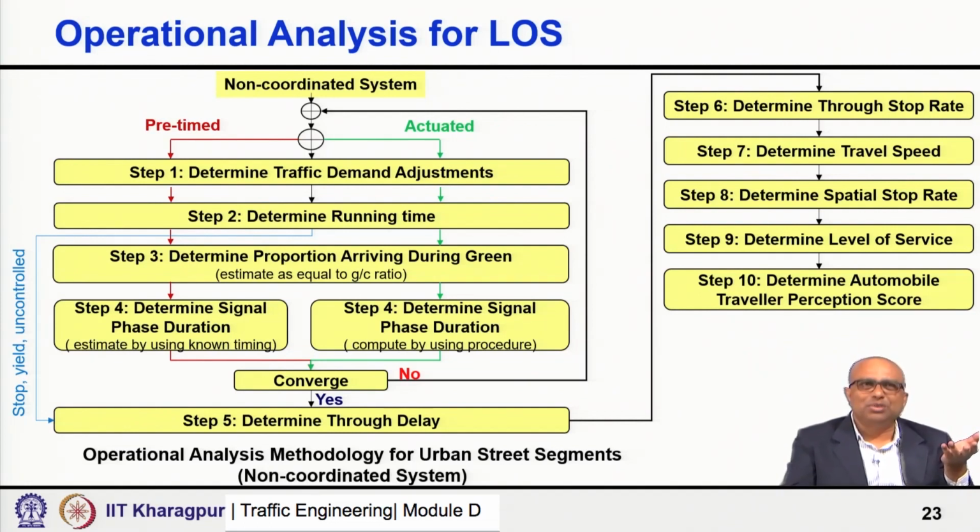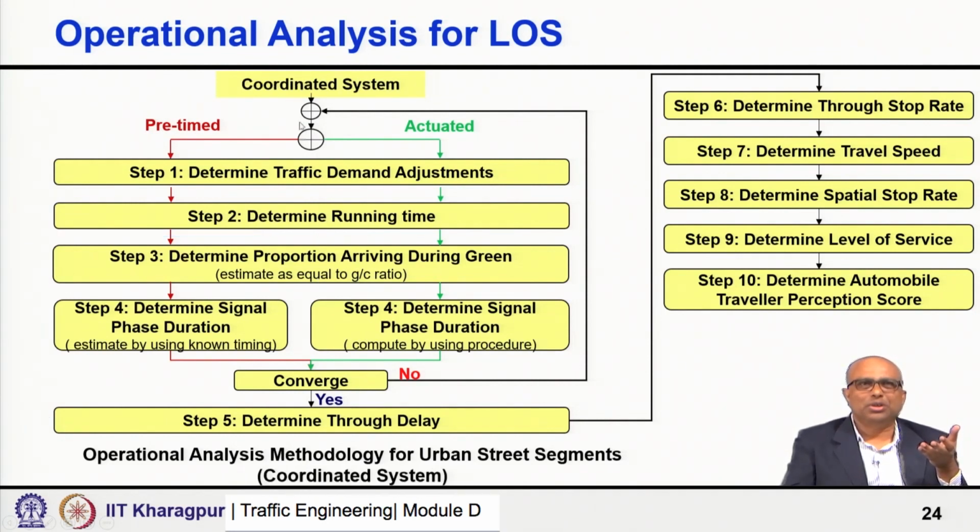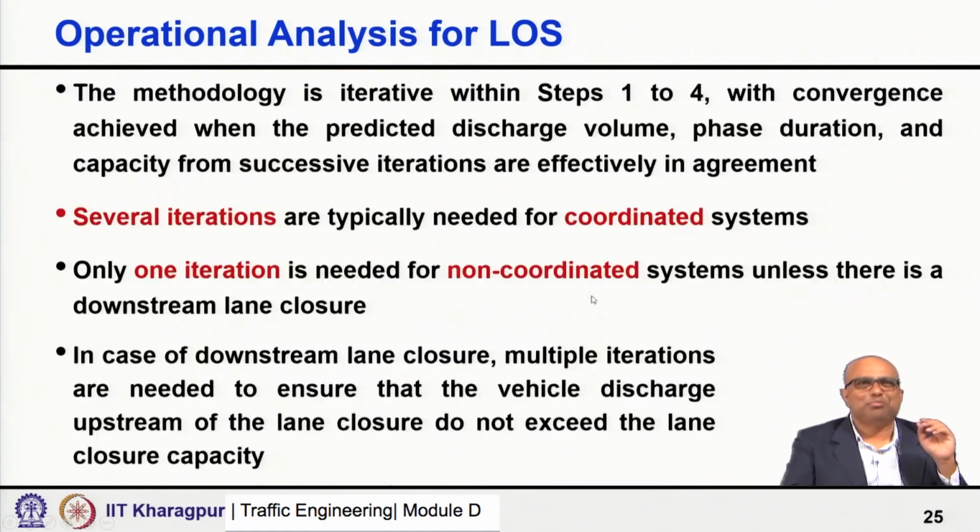Now, the methodology for a coordinated signal system has more or less the same steps, except that since it is a coordinated system, there cannot be stop, yield or uncontrolled intersections. So what we consider here is that the link is omitted; otherwise the steps are the same.